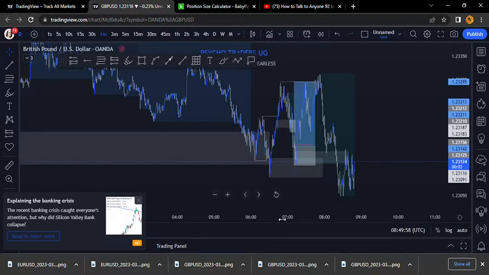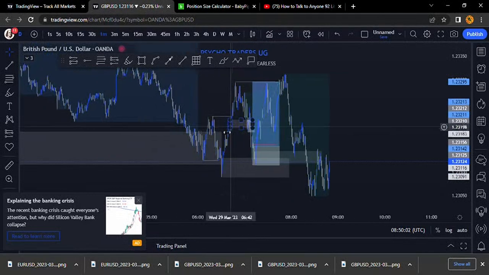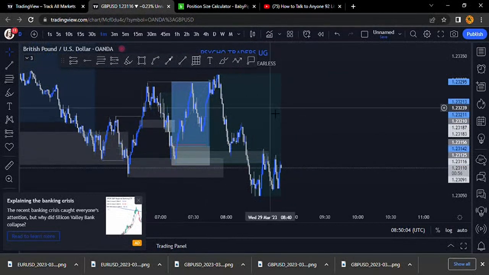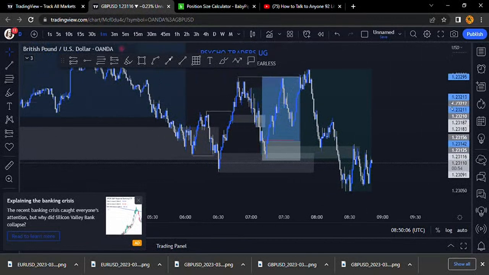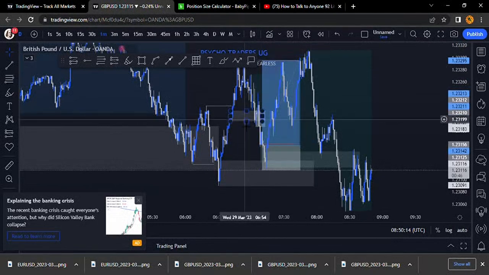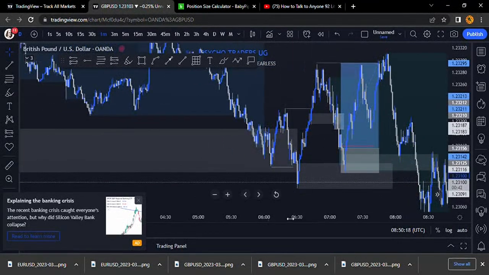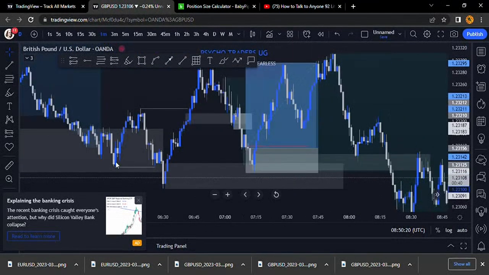So guys, as you are seeing on GBP/USD, I took a beautiful trade right here, and we are using the same concepts, the extreme and the zone that broke structure. We had this zone right here. I took a break even at that point.